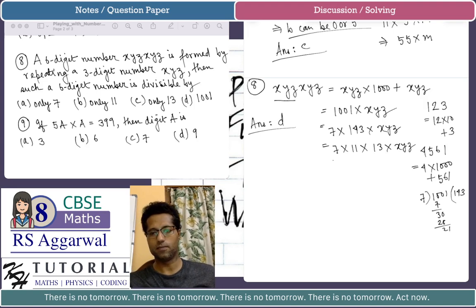So the 6-digit number xyzxyz must be divisible by 7 and 11 and 13 and xyz. So the choice is not only 7. No, it is not divisible by only 7 because it is also divisible by 11, 13 and xyz.